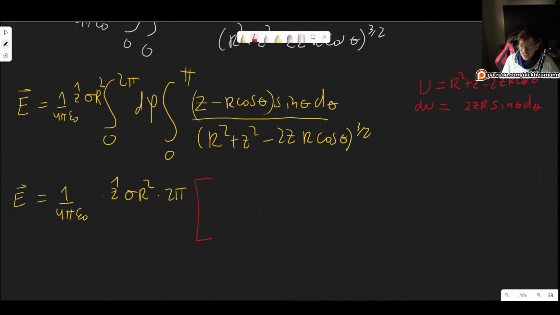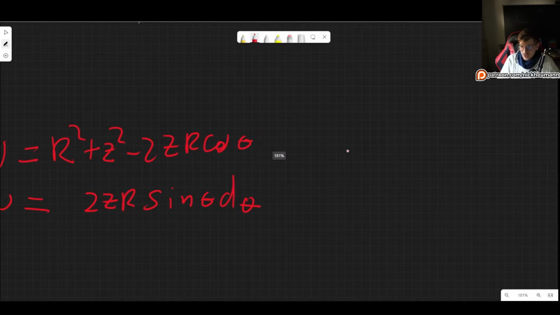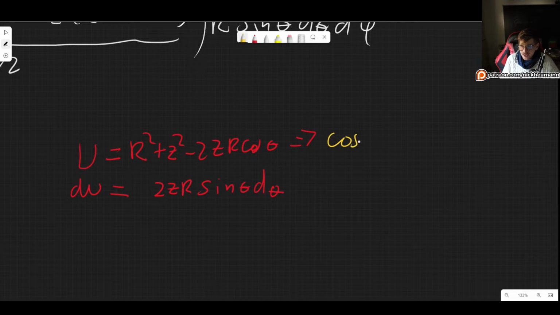So we have z minus r cosine theta. Well, what is cosine theta? Cosine theta we can find from here, right? Cosine theta is simply u minus r squared minus z squared, and then we need to divide by 2z and multiply by minus 1.